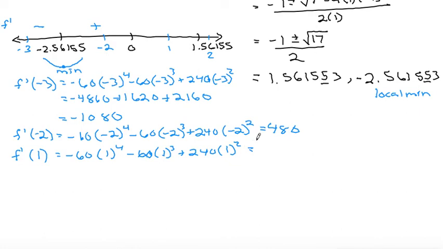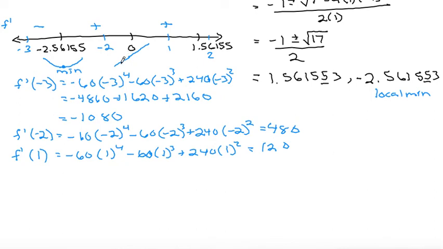So plugging that into my calculator is positive 120. So the derivative is positive between 0 and 1.56155. So it's going to be increasing until it reaches 0, and then it continues increasing.